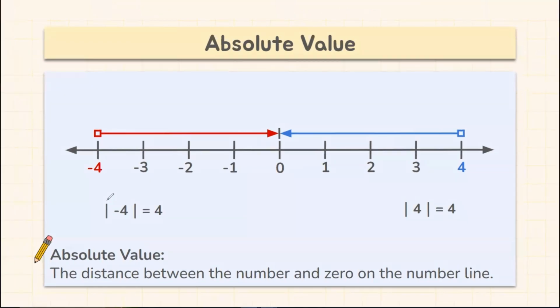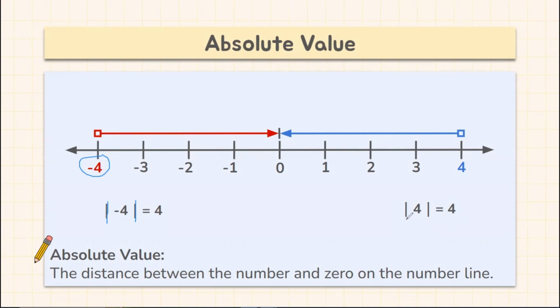So -4 is written here with the absolute value signs, just 2 lines. So the absolute value of -4 is how far away it is from 0 on the number line. So -4 here is 1, 2, 3, 4 away from 0. So the absolute value of -4 equals 4.